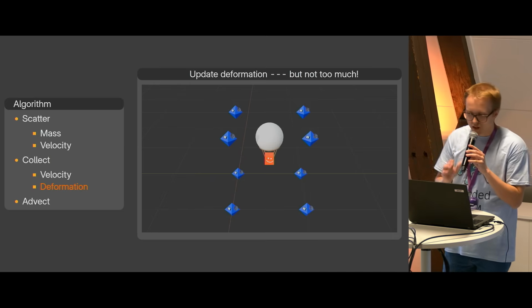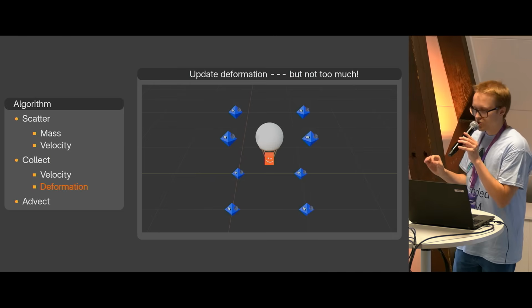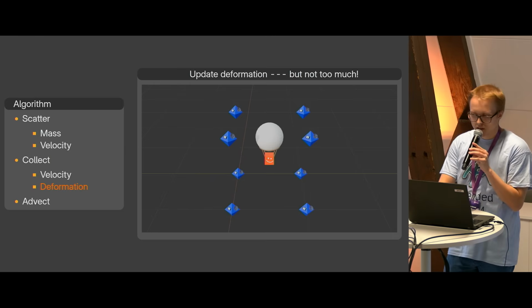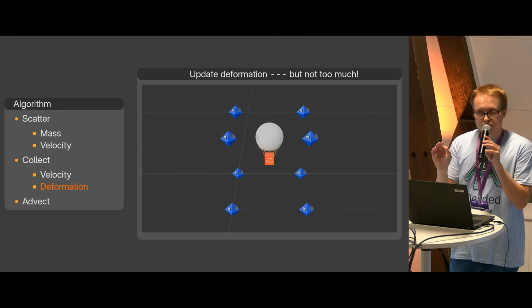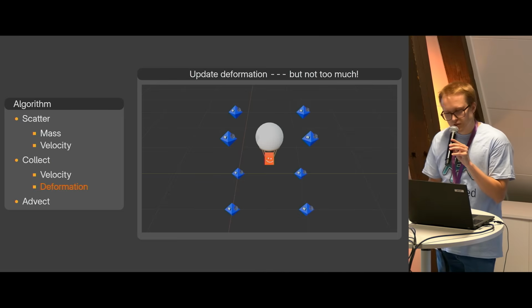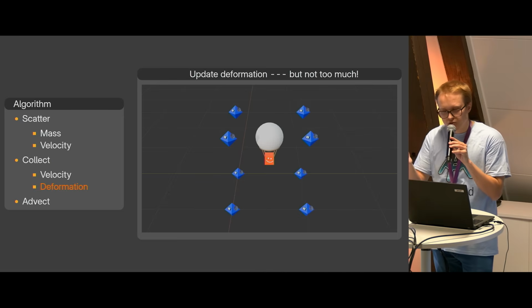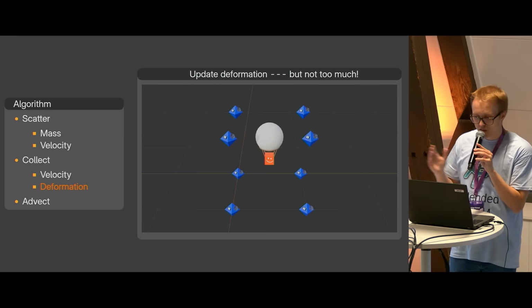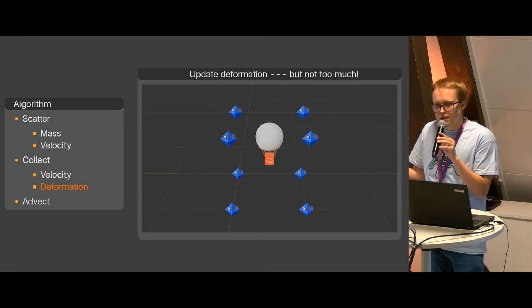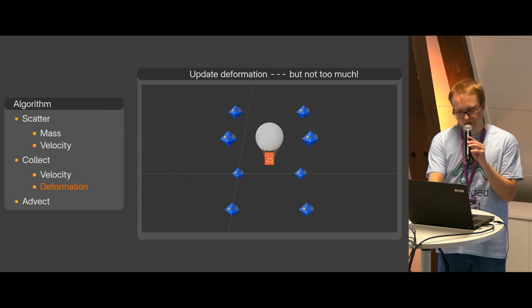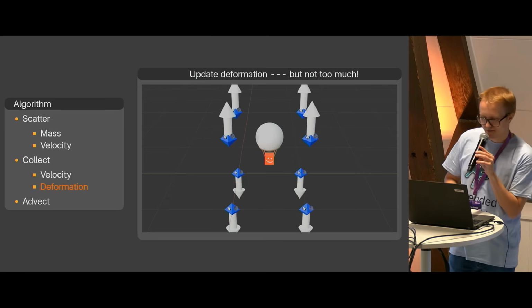Okay, so I said each particle tracks their own deformation, and now we update it. This is the only point in the algorithm where we update the deformation, and we can use the velocity information we've collected from the grid, and it will fit perfectly with the movement of the other stuff around this particle. Looks like this.